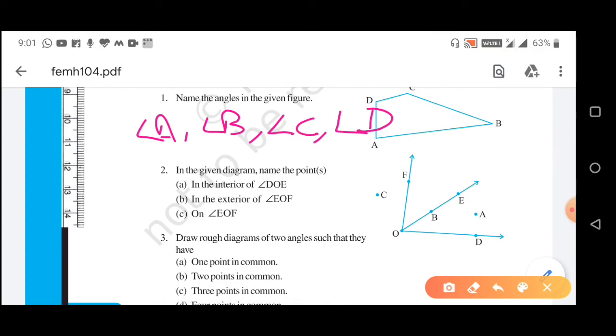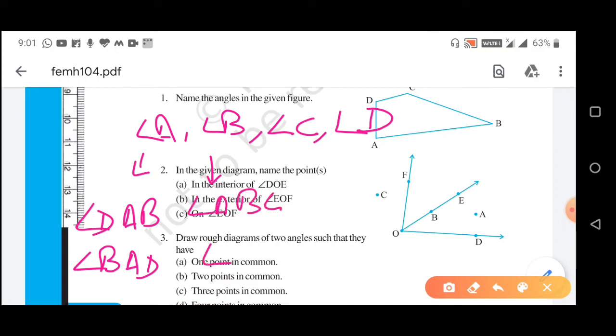Angle A can be written as angle DAB, or BAD. Angle B can be written as angle ABC, or angle CBA. Angle C can be written as angle BCD, or angle DCB.